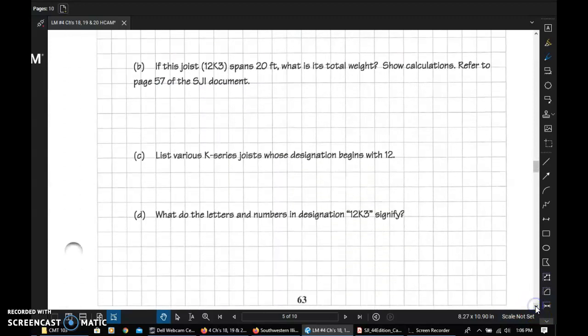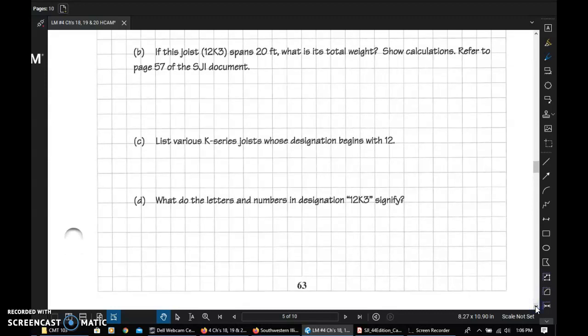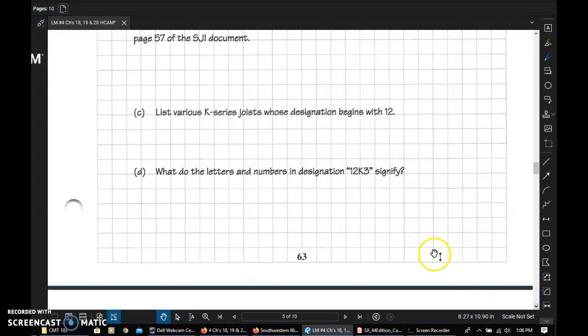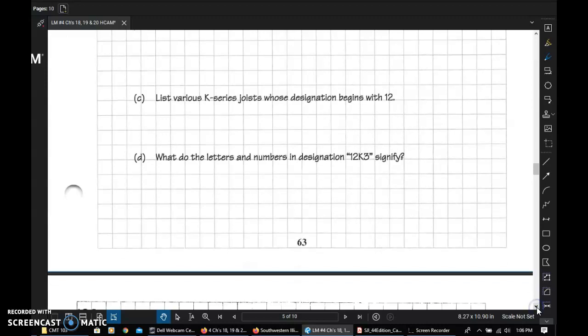So this one here, we did take a look at this. If 12K3 weighs 5.7 pounds per foot, how much does a 20-foot joist weigh? So we're just multiplying the weight per foot times the span. And then they're asking you to list the various K sizes whose designation begins with 12. So you can find that in your text, and that's going to be on page 432 of your text.